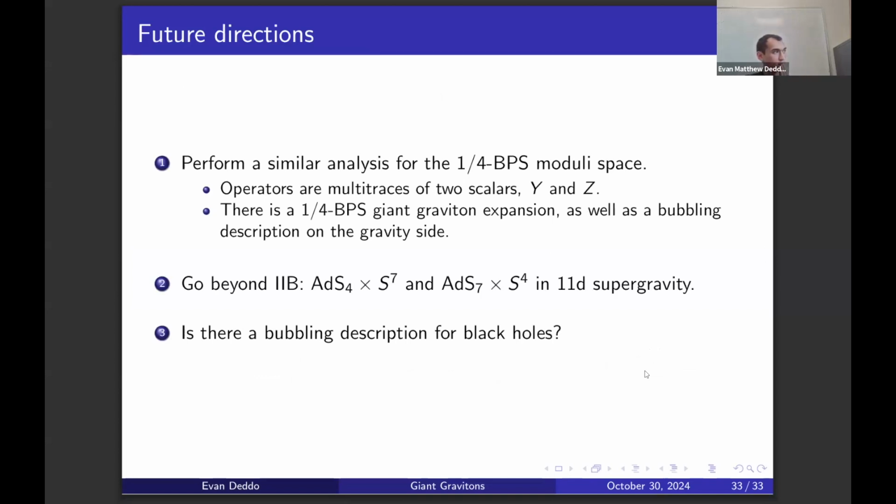I don't think the quantization has been done in the same way as for type IIB. For IIB this was done about 20 years ago, but for 11D supergravity I'm not sure that this has been carried out. In principle, it seems like it should be possible. Thank you.